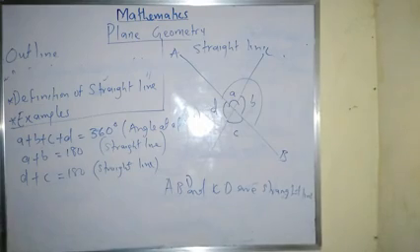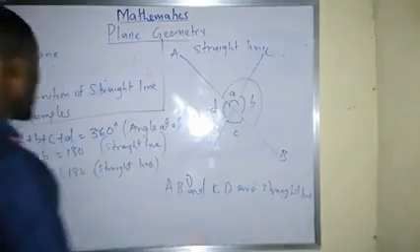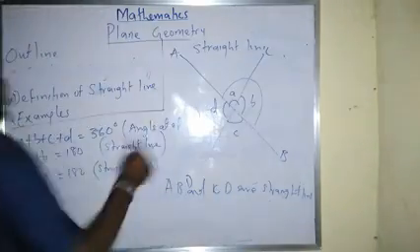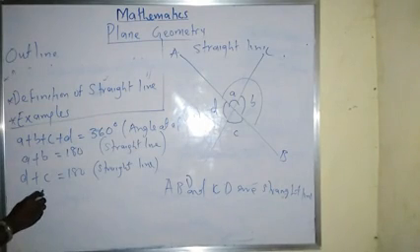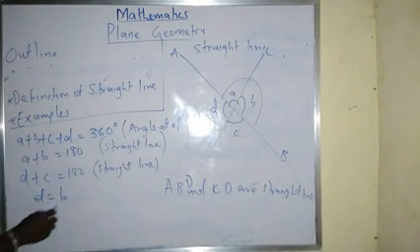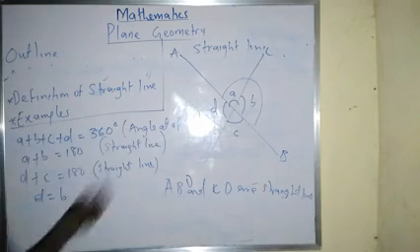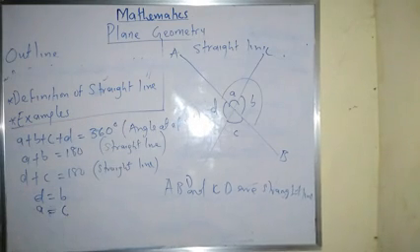Also, please take note of these angles. Now, I'm no more on angles on a line. I want to define what is called opposite angles here. There are some angles here. I can say that D equals B, and the other one, A equals C. What makes them equal?